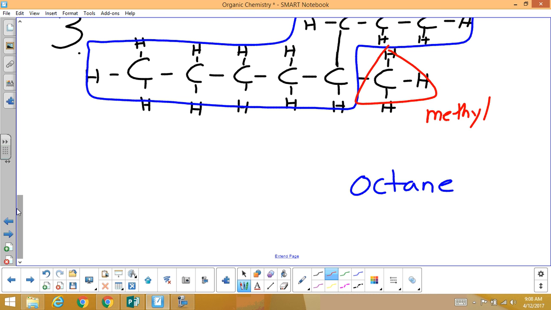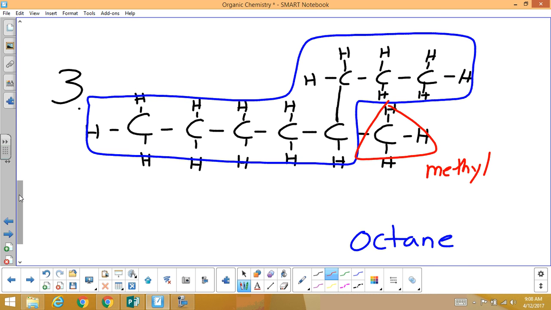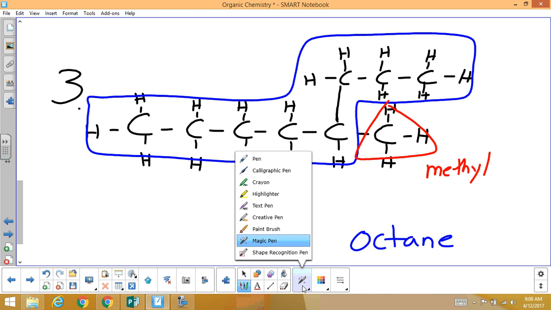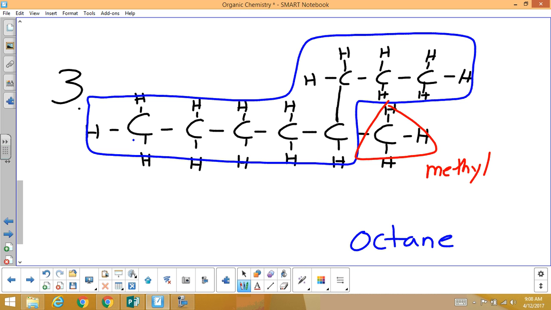Now we've got to figure out what numbering system we want to use. So once again, we could go 1, 2, 3, 4, 5, 6, 7, 8. So our branch would come at 5. Or if we go the other way, and we start from the right going to left, we'd be 1, 2, 3, 4.